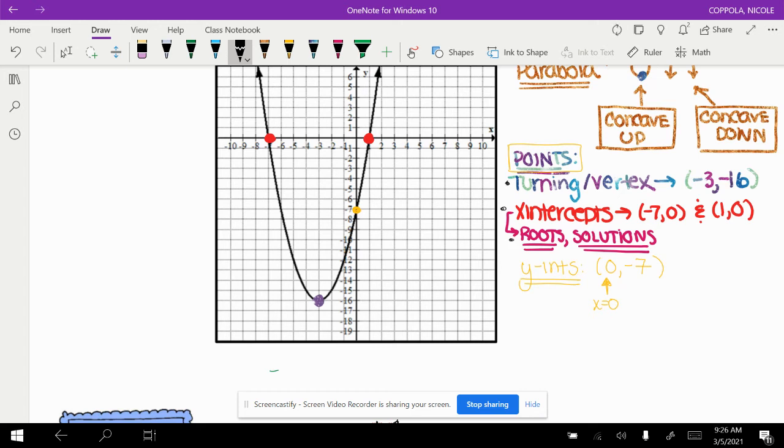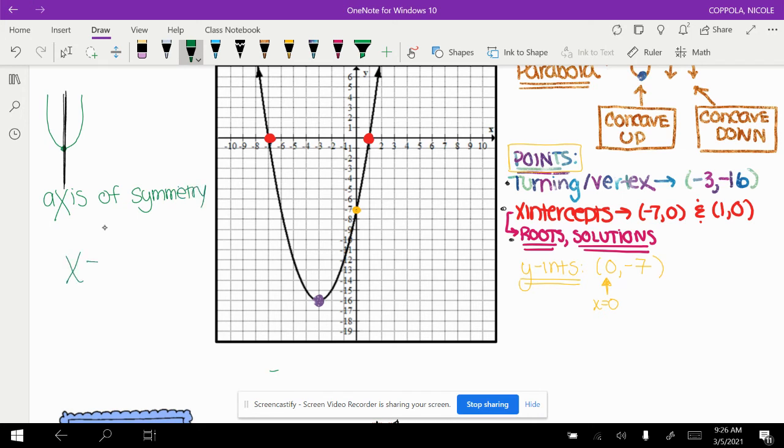is symmetry. When you draw a parabola, if I drew half and I stopped at the turning point, you should be able to draw the other half because it's symmetrical, okay? And the line upon which my graph is symmetrical is called the axis of symmetry. Now, I made that x really big on purpose because it's an equation.